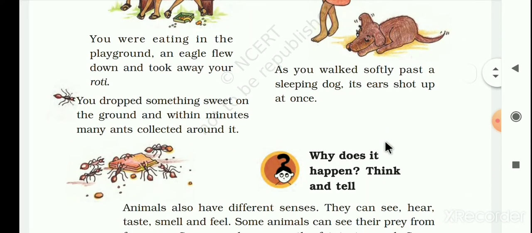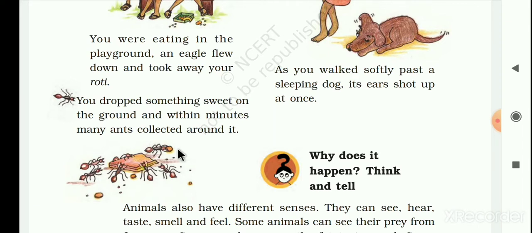Let's have a look at the other one. Over here, can you see the picture? Something is dropped over here. Maybe it is sweet, because something sweet is there and you can see an ant nearby, right? Eating the sweet. You drop something sweet on the ground and within minutes many ants collect around it.